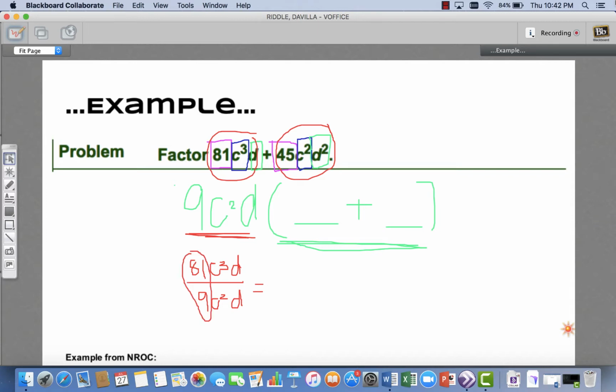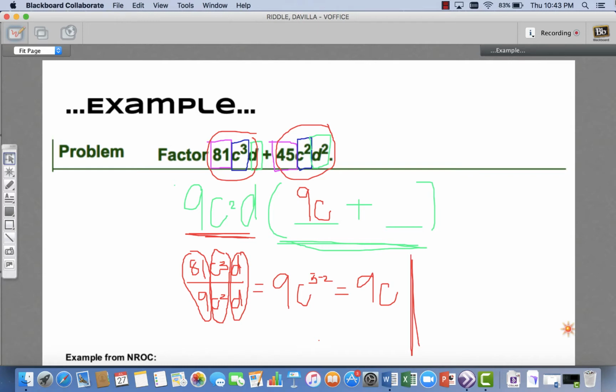So we have 81 and 9, c cubed and c squared, and then d. So 81 divided by 9 is just 9. And then the rule of division for exponents tells us to do c cubed minus 2. So c to the 3 minus 2. And then d divided by itself is just 1. So that gives us 9c, which we can plug right here.